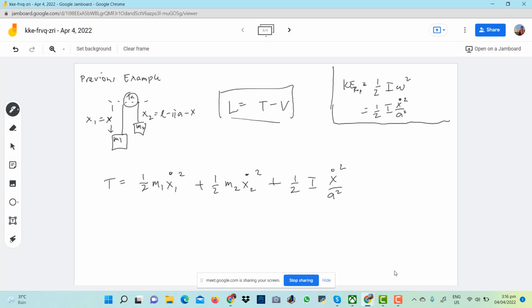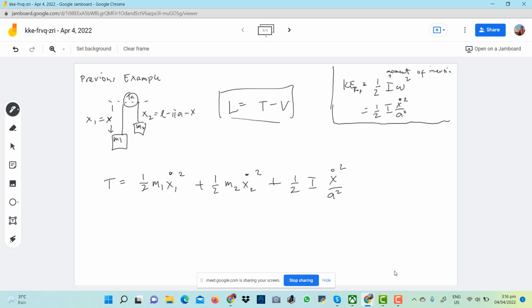I is just the moment of inertia, which I defined last time. Again, omega is just equal to velocity over the radius. The radius of the pulley is a, so that's why we have x dot over a quantity squared, that's x dot squared over a squared.